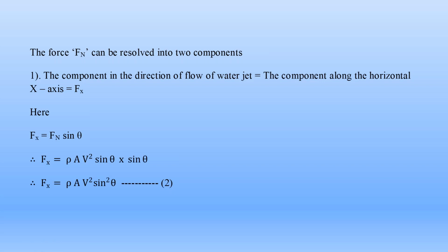So this is Fx, the force exerted by the water jet on the x-axis. That Fx is also equal to the projection of force Fn on the x-axis. So Fx is equal to Fn sin theta. We know the equation of normal force Fn, rho A V squared sin theta, into sin theta. So the equation of force Fx on this inclined flat plate is rho A V squared sin squared theta.